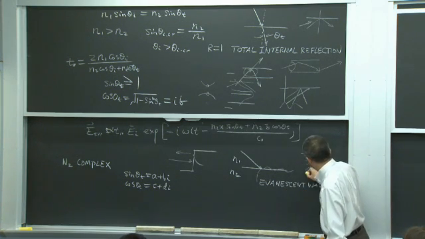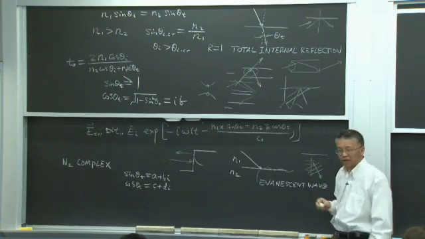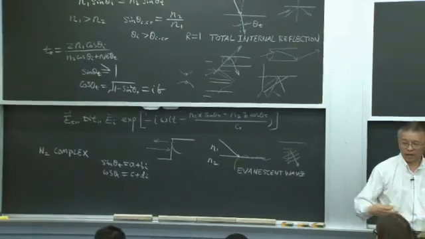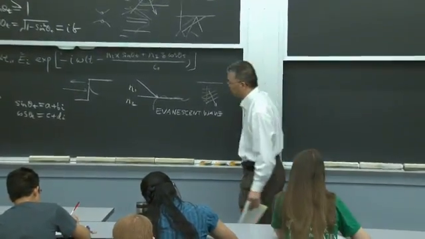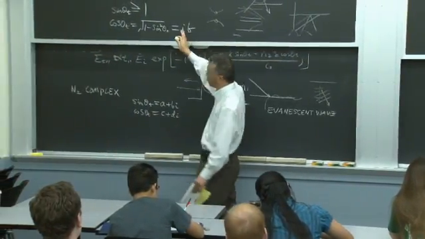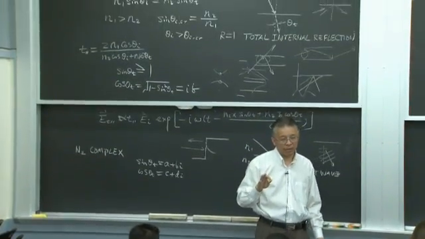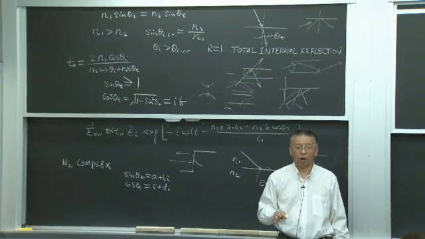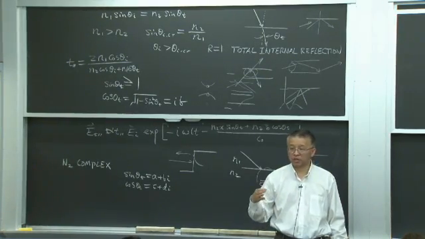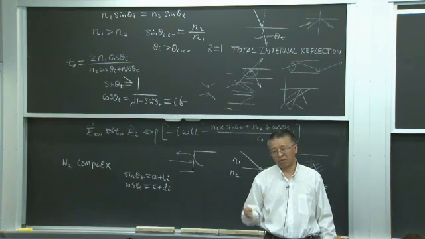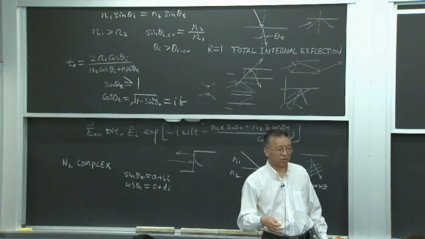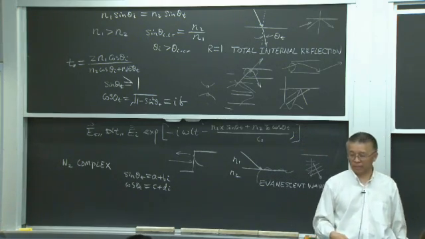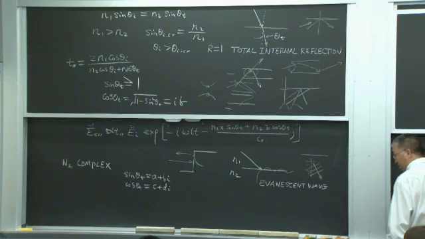But the constant phase is going in the other direction. So the constant phase and constant amplitude do not coincide, and this is an inhomogeneous wave. But all the formulas we gave are still applicable. So there's no problem as long as you do your complex number operations consistently. And I remember in those days I only knew Fortran, so you had to be very careful to declare your complex numbers, otherwise you run into problems.